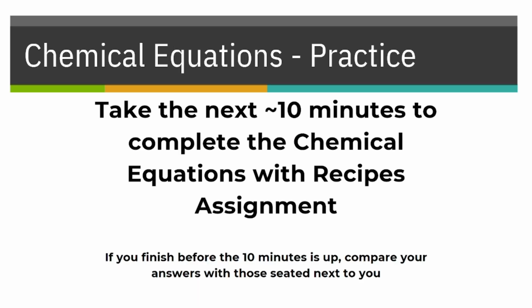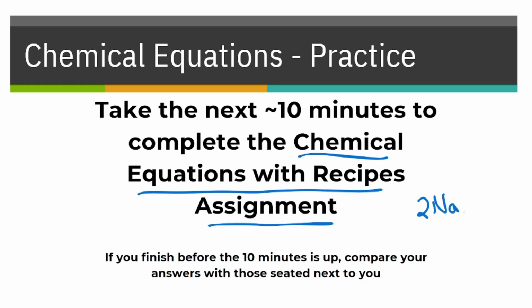So one of your assignments that you have today is really looking at chemical equations, but identifying the components through a recipe format. You may see the grilled cheese example again. I gave it to you as an example because we're going to recognize that a lot of our reactions will have a limit to them. We could be given 2Na as well as 3Cl to form NaCl.